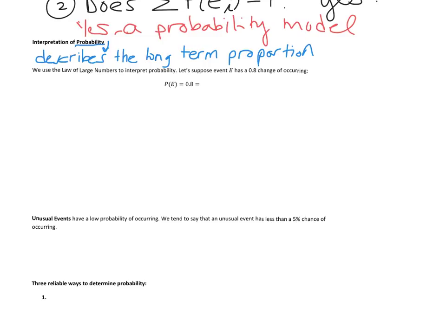So again, it's the long-term proportion. That's why we use the law of large numbers.